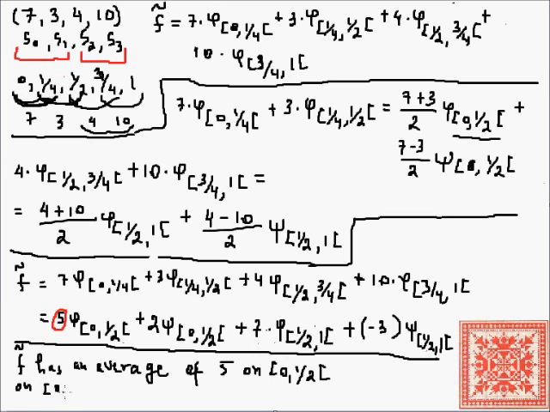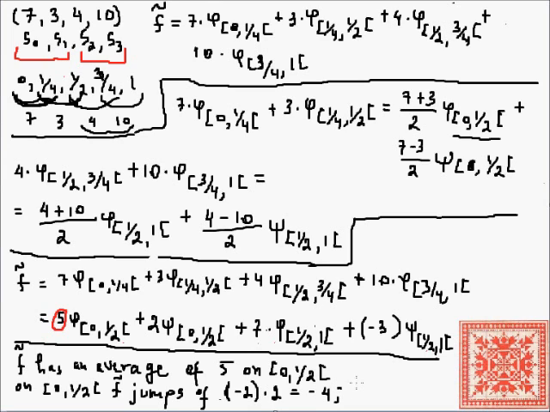So 2 times minus 2 gives us minus 4, and indeed, 7 plus minus 4 gives us 3. So there is a jump. The average is 5 on the first half interval, and there is a jump of size minus 4, which brings the value of S0, which is 7, to the value of S1, which is 3.